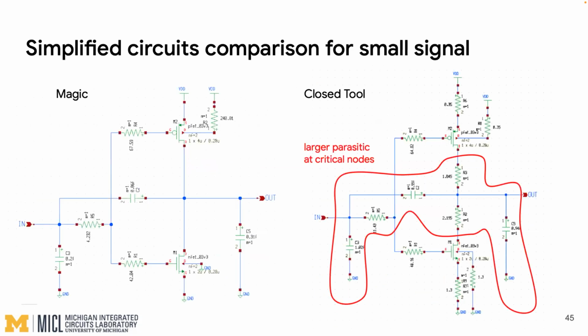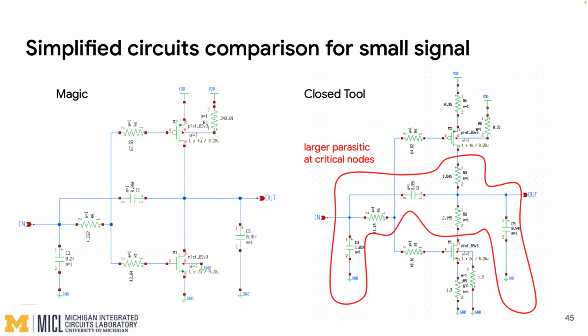I use the same steps to analyze the parasitic resistance and capacitance, and just like the common source amplifier, this inverter does not have a very complicated netlist, so I'm able to calculate all the resistance and capacitance here. Compared with the schematic from Magic, the schematic from the closed tool actually has a larger parasitic, just like the common source amplifier shows.